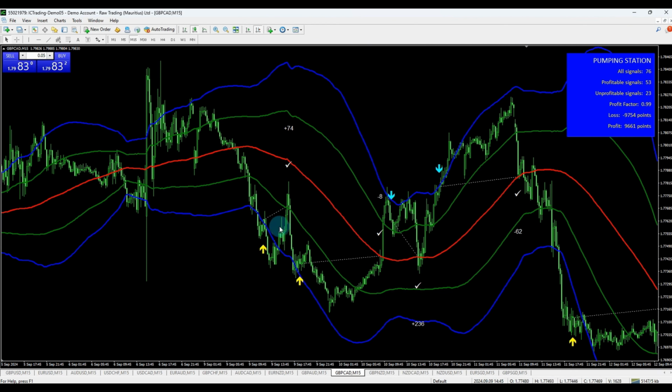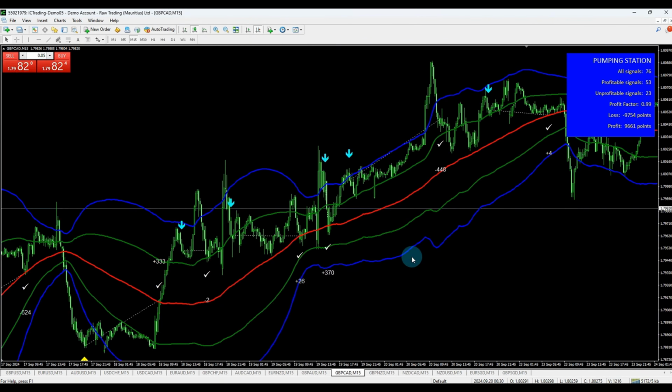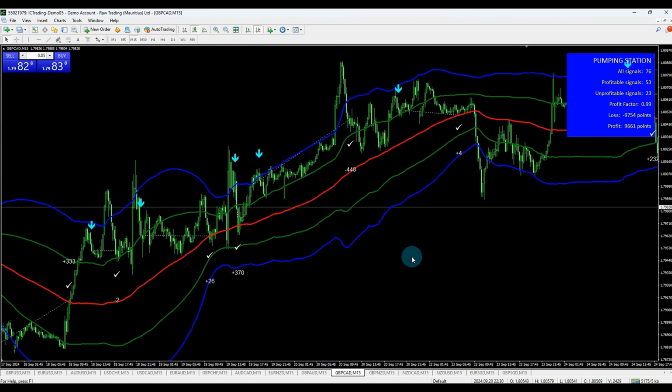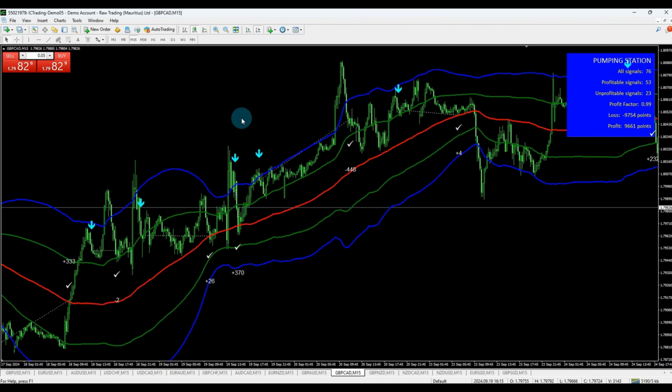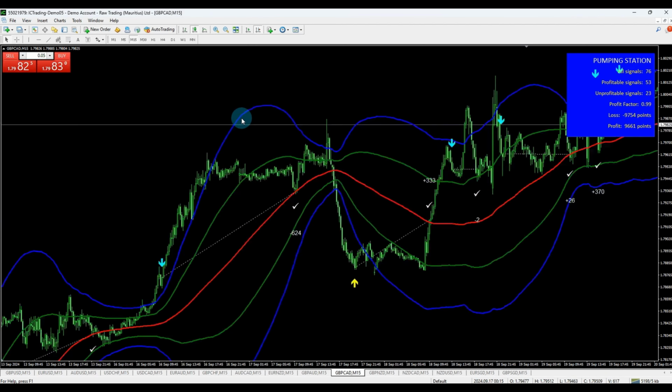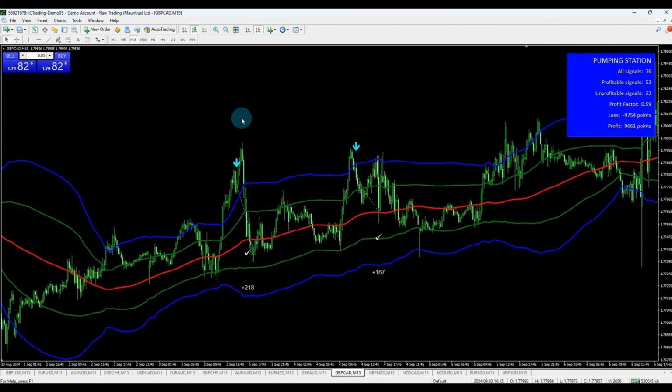In some cases you can follow them closely, but in most other cases, these signals do not provide a 100% real result. I always advise to execute the signals by closing exactly at this average level.